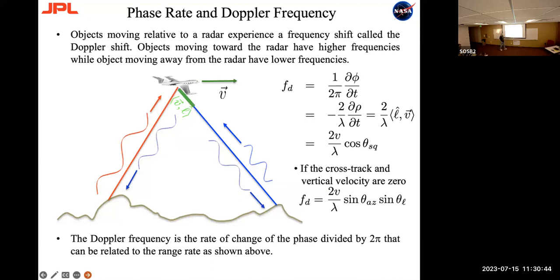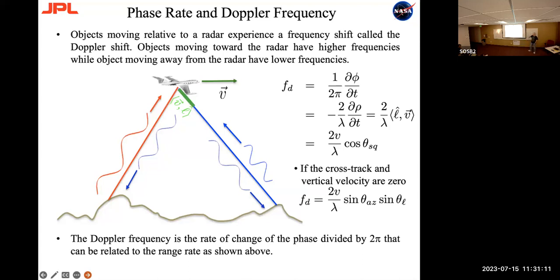Now, that can be done in terms of phase. Frequency is basically the rate of change of phase with respect to time. It's the derivative of phase with respect to time. Everybody's had calculus? Has anybody not had calculus? Okay. And for those who have forgotten, that little curly symbol there is a partial derivative.